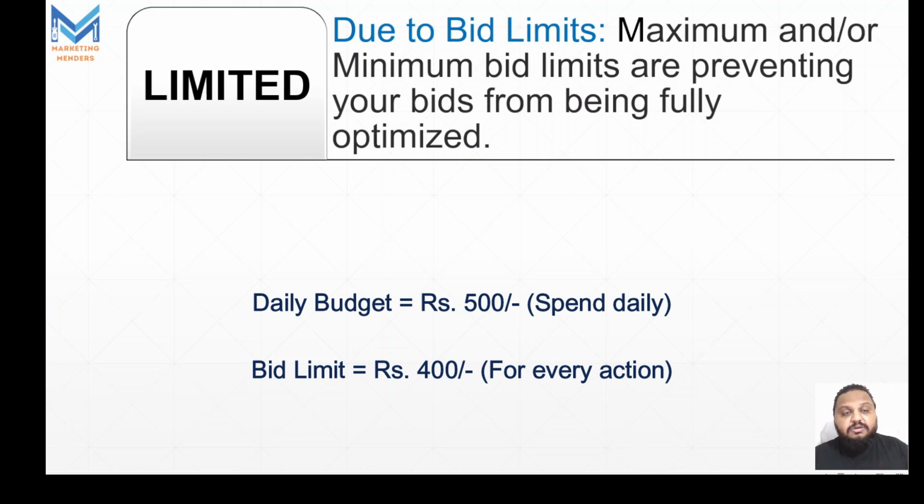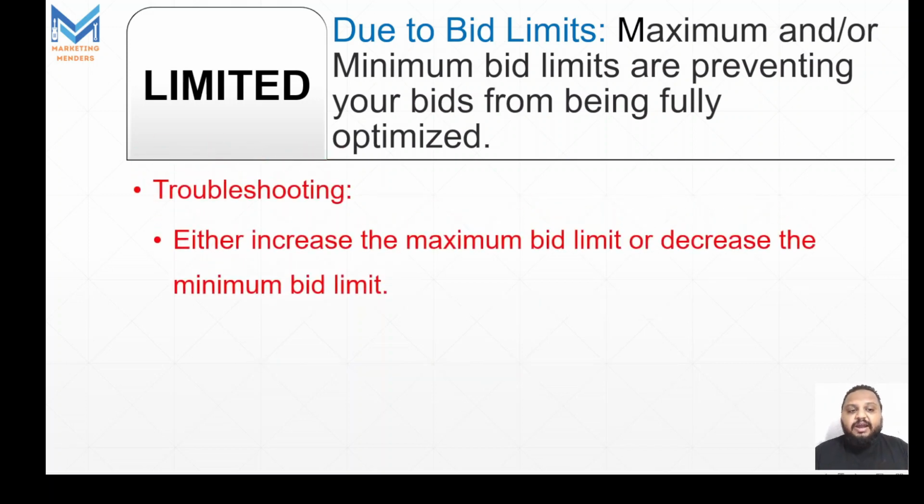That means your campaign is limited. Your campaign is limited due to the bid limit. So you have to either increase the maximum bid limit or decrease the minimum bid limit. So in that case, if my budget is 500 rupees, I can set my bid limit as 2 rupees, 5 rupees or 10 rupees so that I can get enough performance for my campaign.